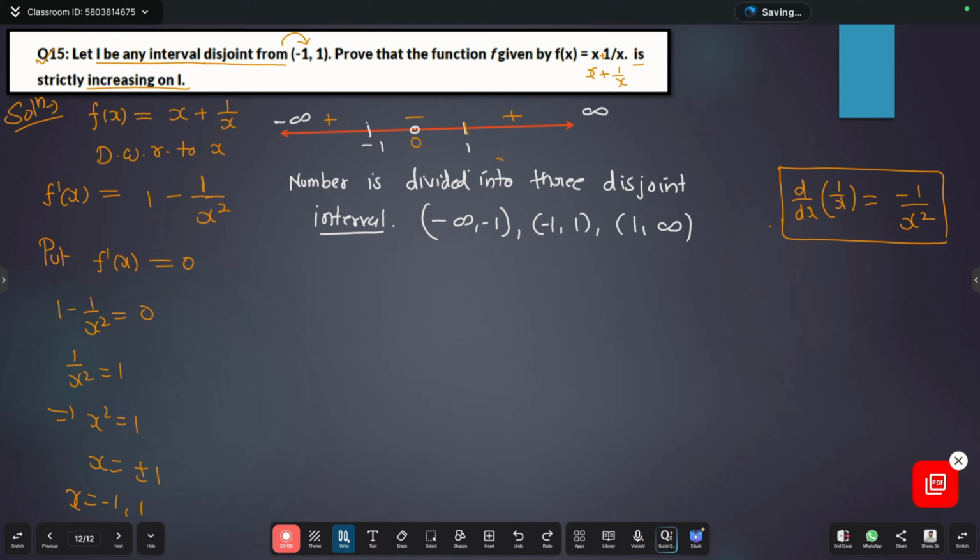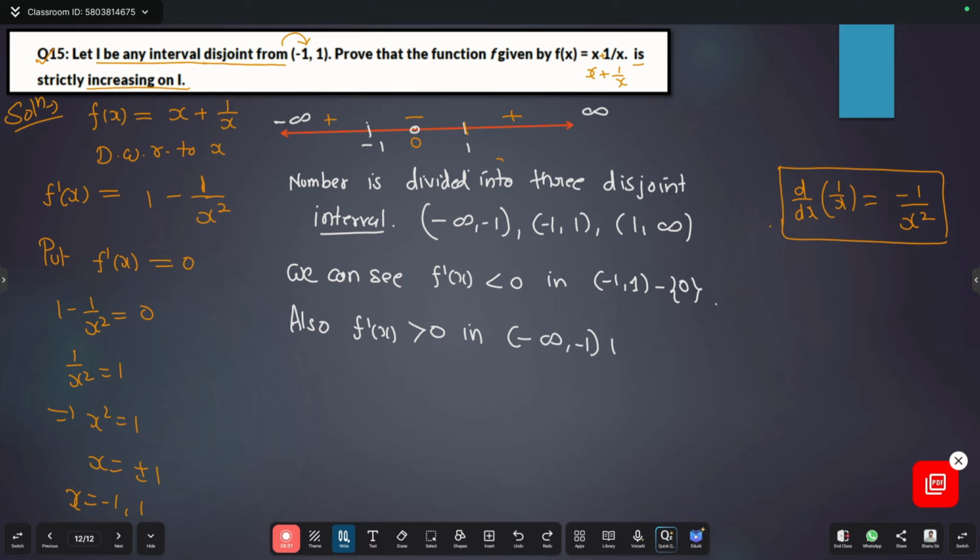So f dash x is less than 0 in minus 1 comma 1 excluding 0, and f dash x is greater than 0 in minus infinity comma minus 1 union 1 comma infinity. Hence proved, because these two intervals are disjoint from minus 1 to 1. Hence our function is strictly increasing on I.